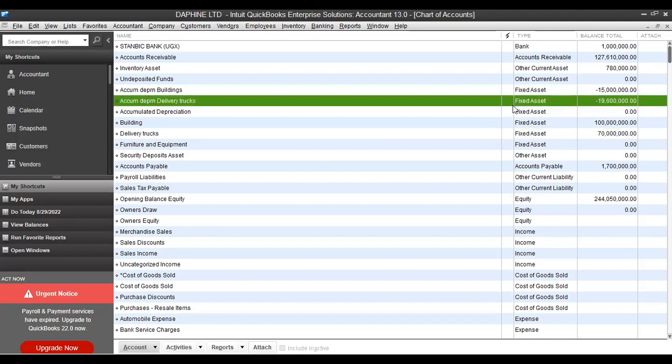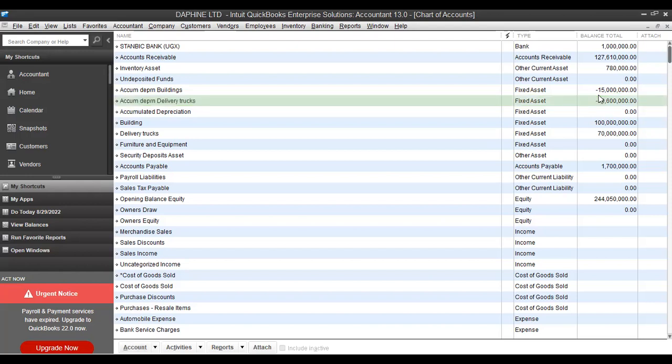Accumulated depreciation for trucks. It's showing 19 because we already included the other depreciation figure. Otherwise, before that depreciation, it should have shown 14. So 14 plus the 5.6 that you have put, that's why it's 19.6. Then you say 70 minus 14 to give you the carrying amount or net book value, which is 56. Then you apply the rate, which was 10%, to give you 5.6. That's what you depreciate. I hope I've answered your question.